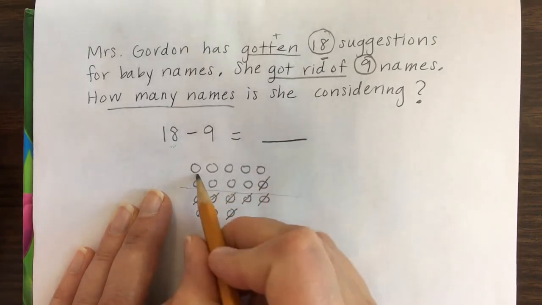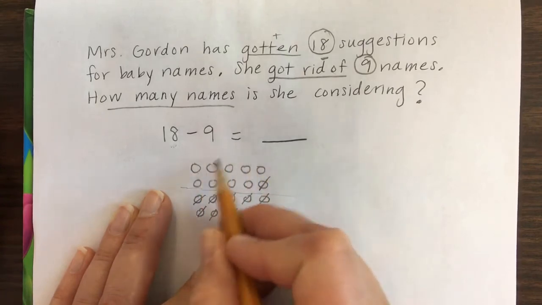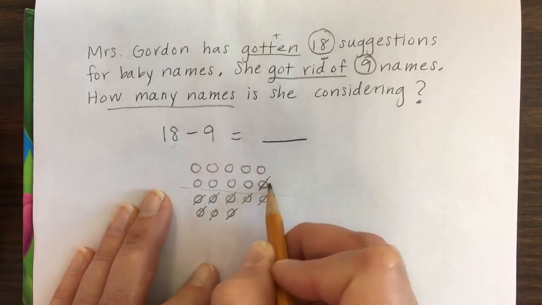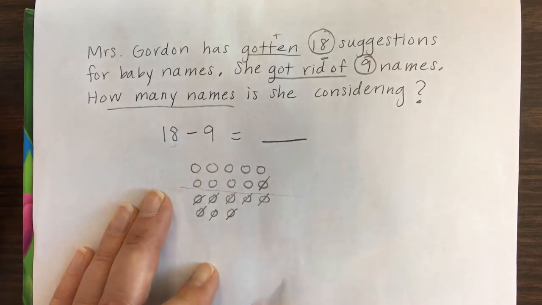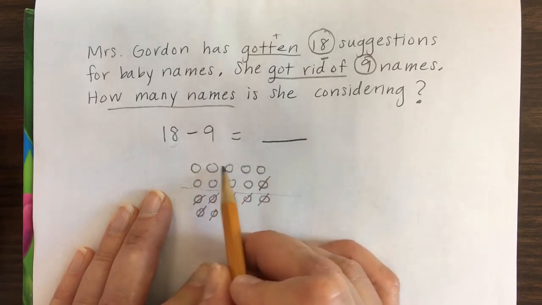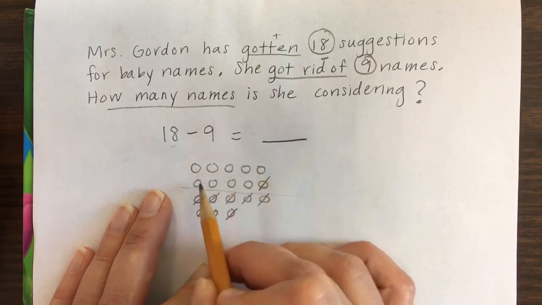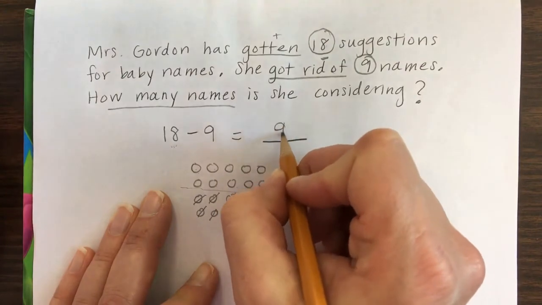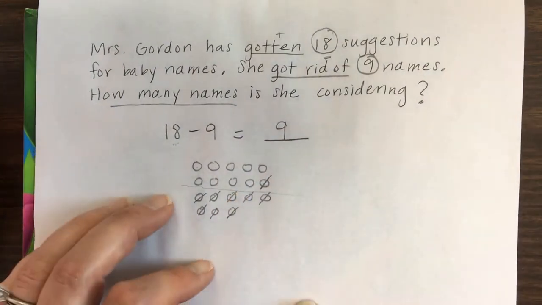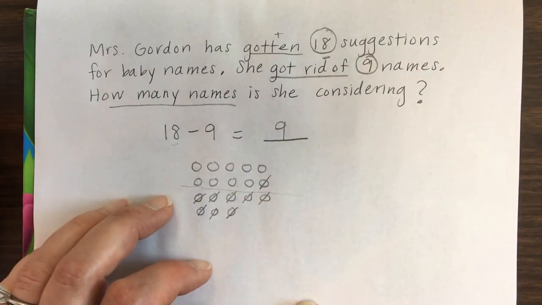So I can easily see here, just by eyeballing it, because I know that 1 is missing from this 10 frame up here, that this is 9. But in case I can't see it, I'm going to count it. 1, 2, 3, 4, 5, 6, 7, 8, 9. My missing number is 9. 18 minus 9 equals 9.